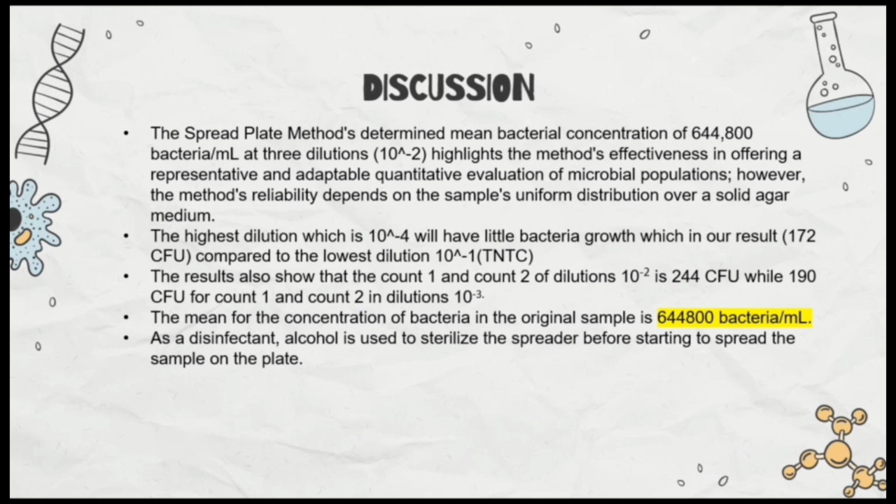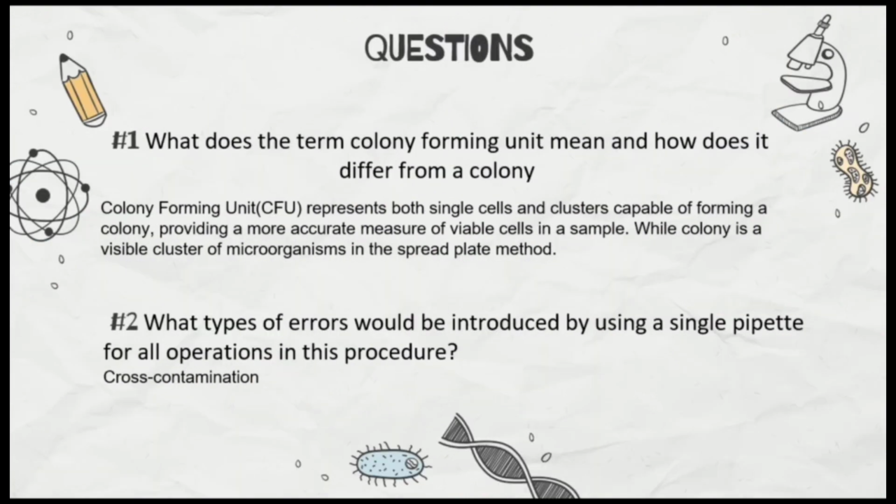The highest dilution will show less microbial growth compared to the lowest dilution, where there is a high concentration of bacteria in the sample. For example, in the dilution of 10 to the power negative 1 from the experiment, there are too numerous colonies to count, while for the dilution of 10 to the power of negative 4, only 172 colony forming units can be calculated.